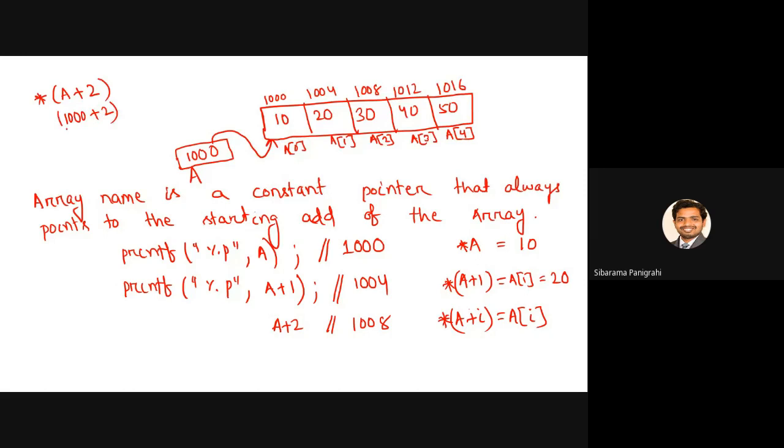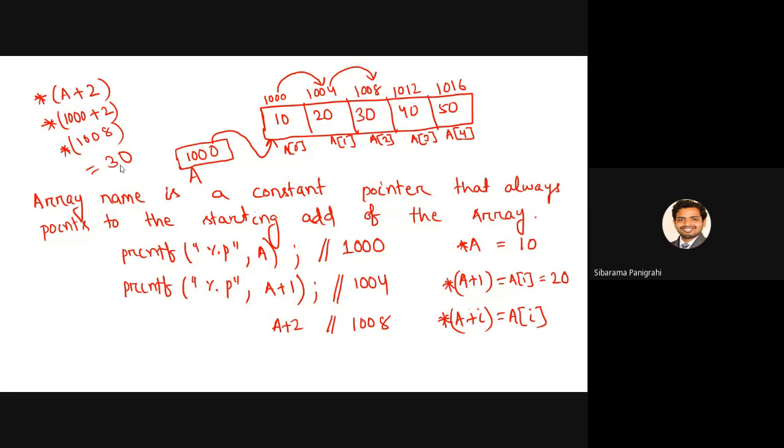So *(1000 + 2). 1000 plus 1 is 1004, plus 1 is 1008. So 1000 plus 2 is nothing but 1008. So *(1008) means value at 1008. What is the value at 1008? It's nothing but 30.